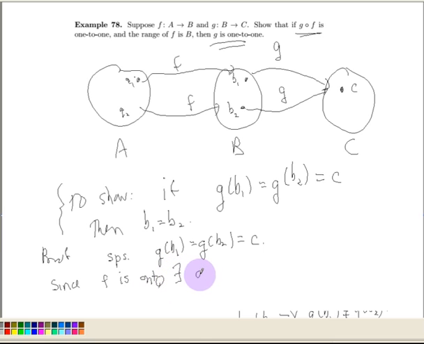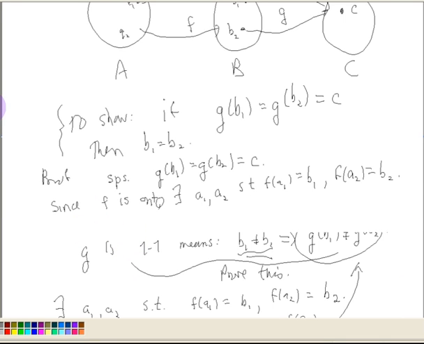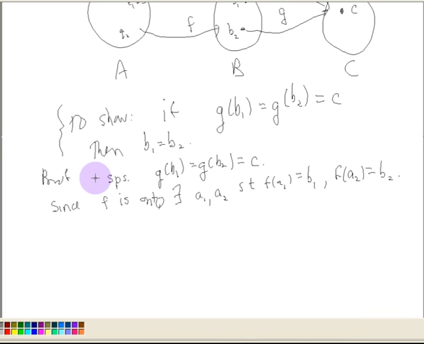There exists an A1 and an A2 such that f of A1 is equal to B1 and f of A2 is equal to B2. Now, let me erase this here. Let's continue.